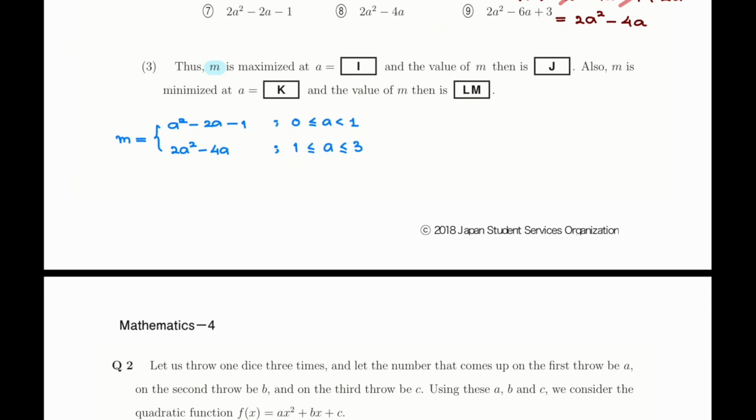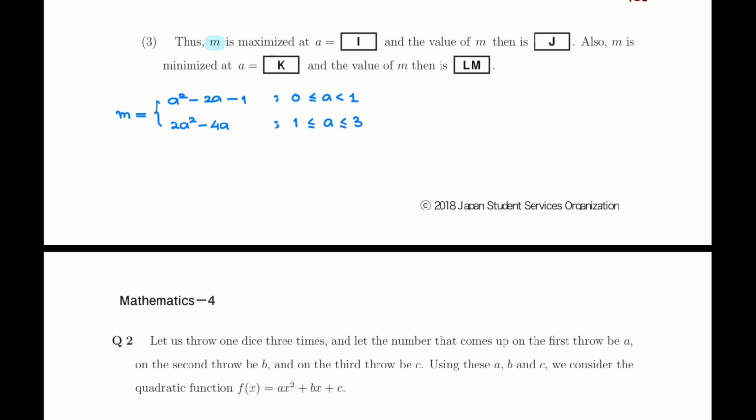If I want to find the maximum and the minimum value of m, I think I can use a graphical method. So I will try to draw the graph of m. So this is m, and this is a.